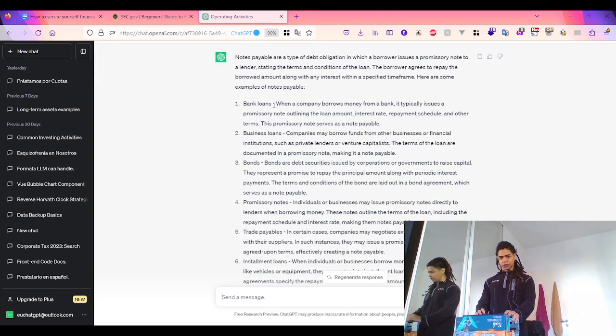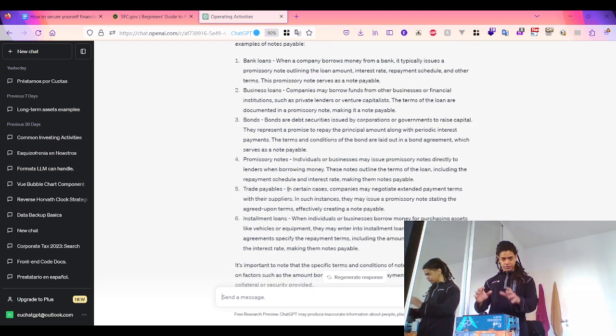So you have bank loans, business loans, bonds, and promissory notes, where companies, individuals, or businesses issue these promissory notes directly to lenders. These notes outline the terms of the loan, including the repayment schedule and interest rate, making them notes payable.